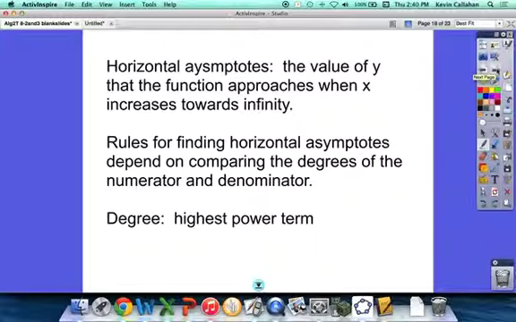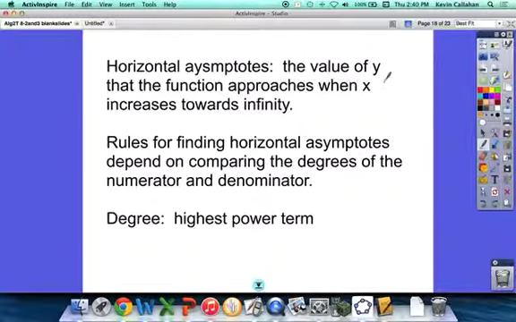Okay, now horizontal asymptotes. The ones we've seen so far, with exponentials and inverse variation, were lines that the graph was never going to touch. What is a horizontal asymptote? A horizontal asymptote is the value that y approaches as x gets large. It's what the graph is trending towards when you go to the right end of the graph.